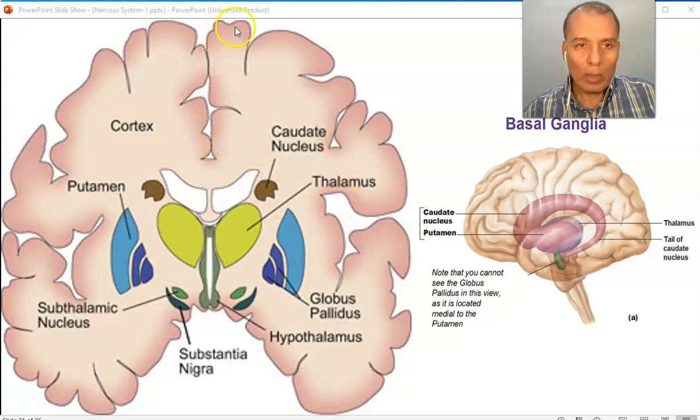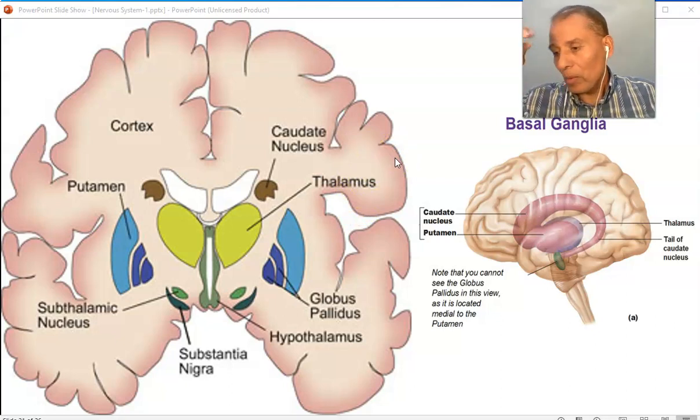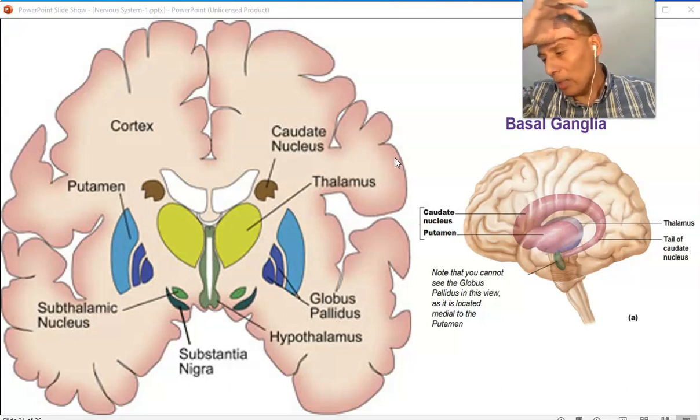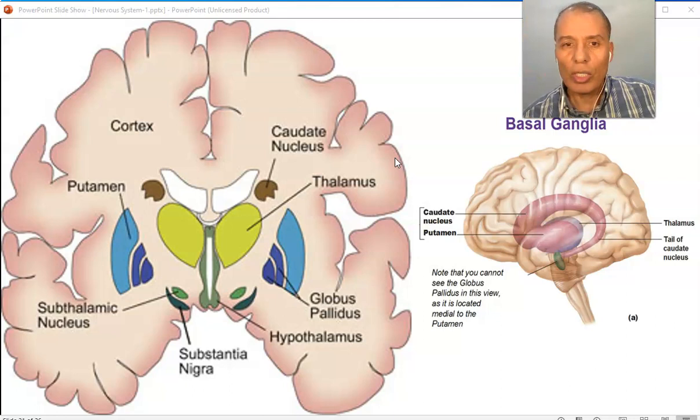And this is the cortex in the top layer here, less than a quarter of an inch thick, about 4 millimeters. That is gray matter, and it is called the cortex.